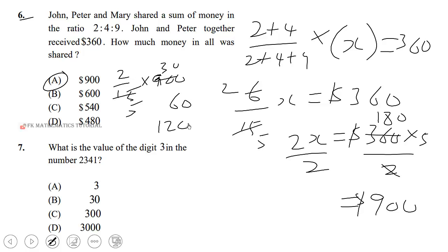Then 4 times 60 will be 240. When you put the 2 together, that will give us 360. So actually, the amount shared is 900.